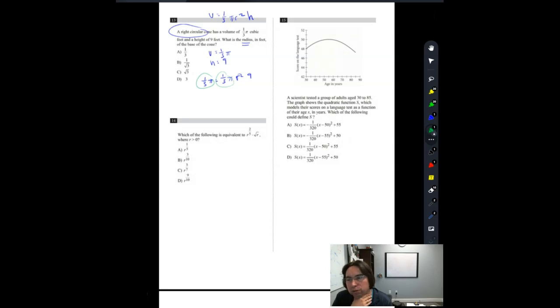What you can do is we know that essentially we are canceling out these two. So if I divide by pi, it's going to give me 1. If I multiply by the reciprocal of this fraction, it's going to give me 1. So eliminating those terms is essentially just going to give me 1 equals 9r squared.